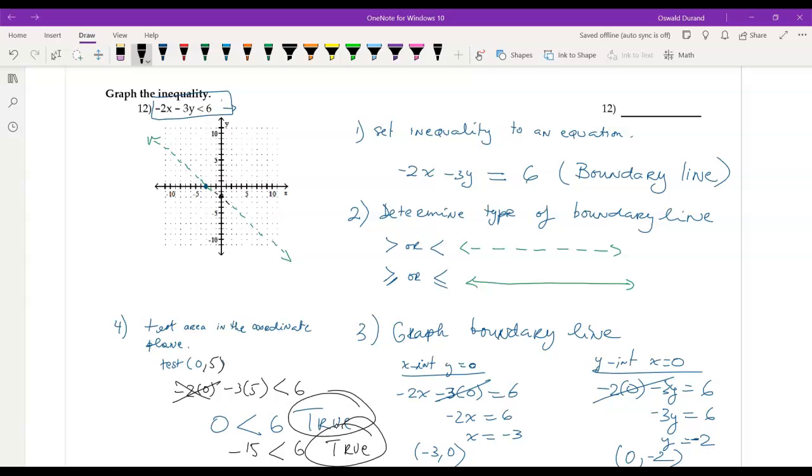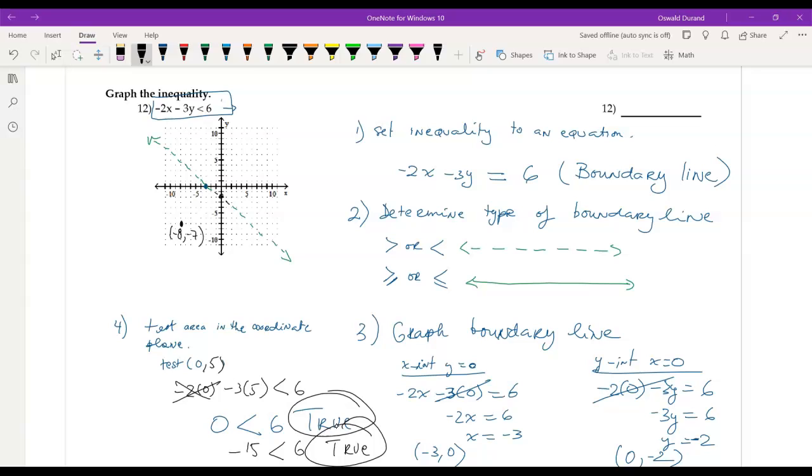I can take any point on either side, right? So it doesn't really matter what point I use. So if I say, okay, well, let me use this point right here, for example, and let's say this is -8 and -7.